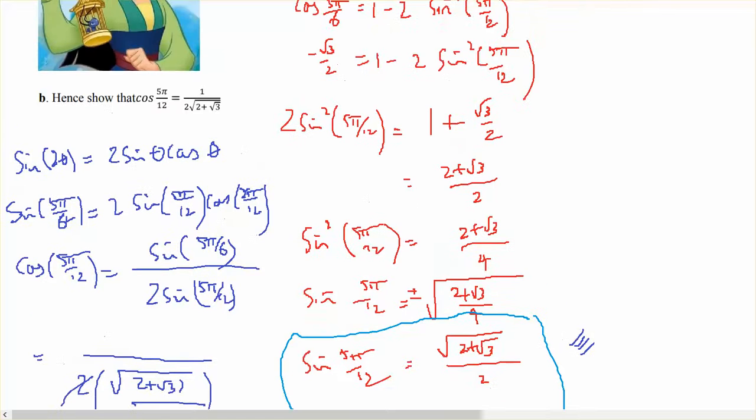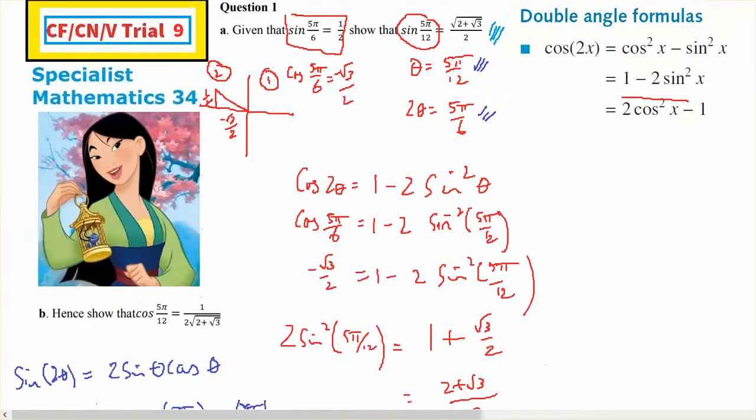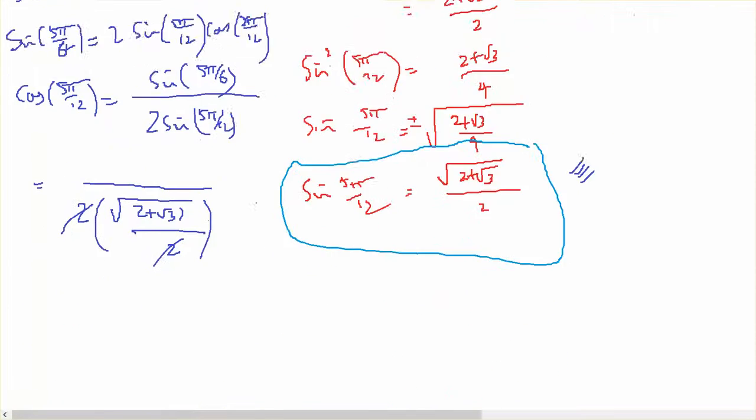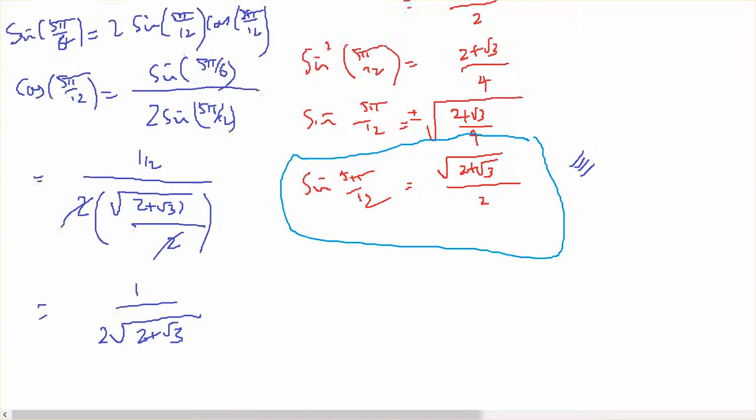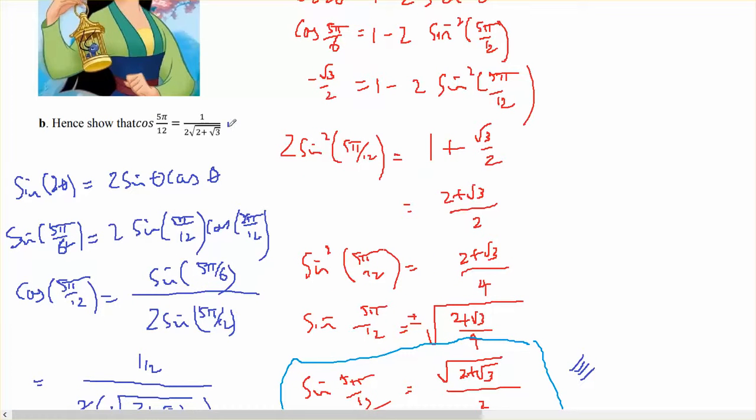The sine of 5 pi on 6, if I go up the top, is a half. Which gives me 1 on top of 2, the square root of 2 plus root 3, and I think you'll find that that's what I had to show that it equaled.